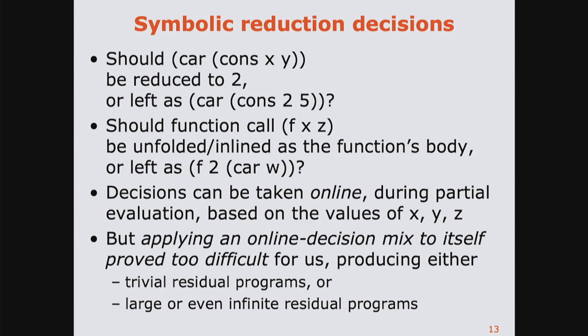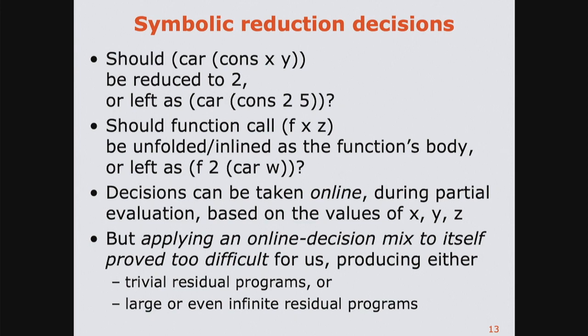These decisions can be taken online, and that was the standard until then, that the partial evaluator, the running mix, had enough information to decide whether this was the best approach or that, but based on the values of x, y, and z, and perhaps other things. But at least we weren't clever enough to write a self-applicable mix in this approach.